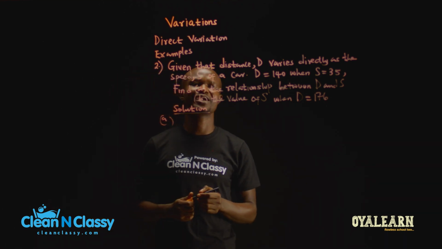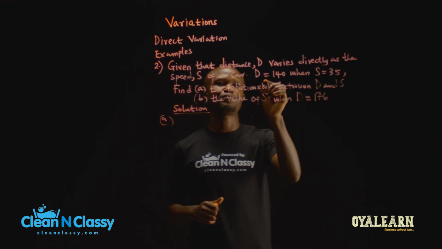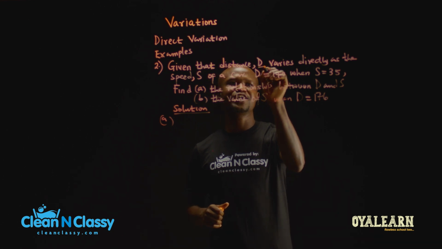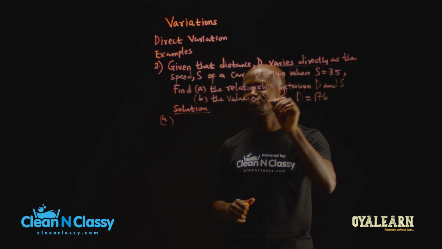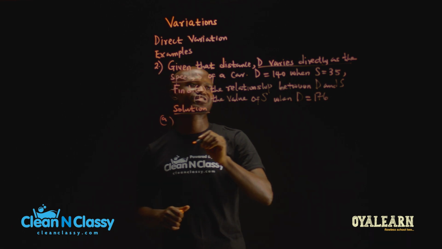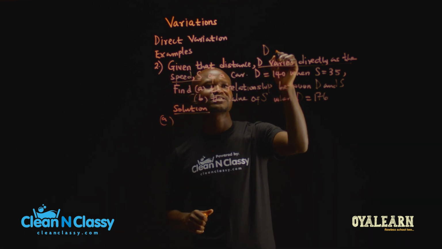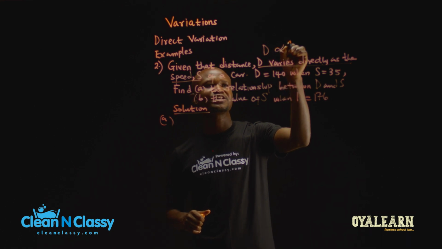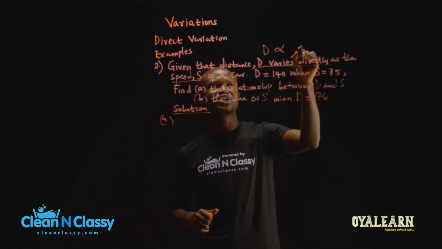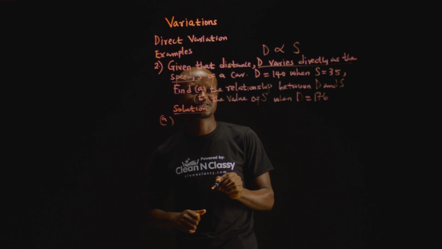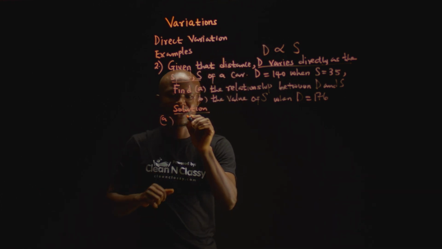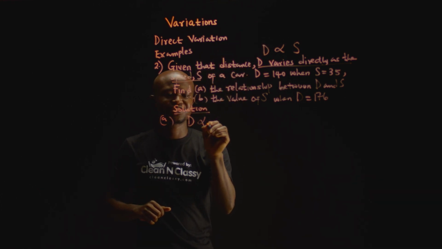For the solution to A, we need to interpret this. d varies directly as speed s. It means that, interpreting this, d varies directly as speed s.